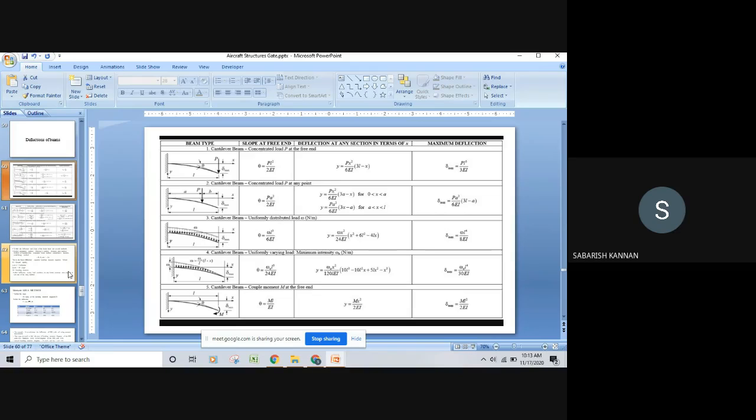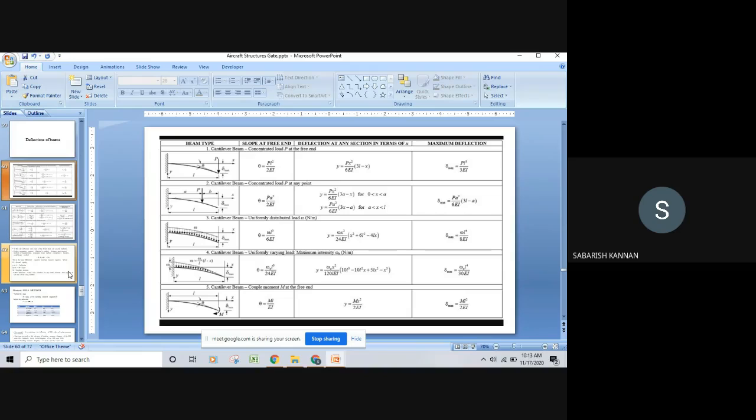So as we see in the shear force and bending moment diagram, here also we have different types of beams having various load conditions. So a cantilever beam acted on by a point load, the same cantilever beam acted on by a UDL, the same cantilever beam acted on by a UVL, uniformly varying load.